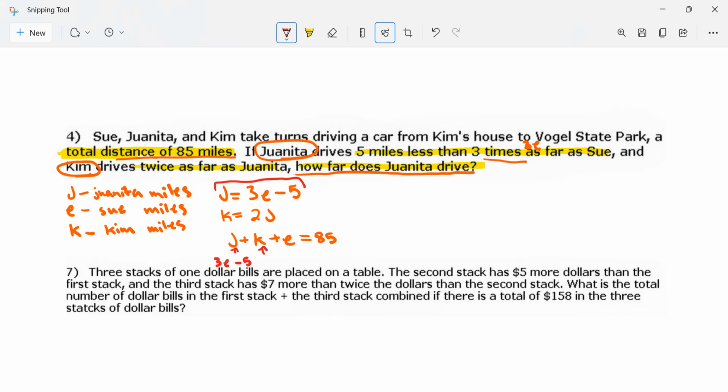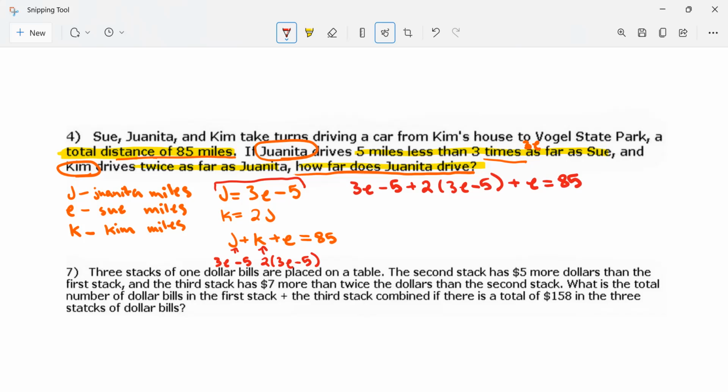And K is going to be 2J, but we substituted J for 3E minus 5. So it's going to be 2 times 3E minus 5. And then we're going to solve that. So 3E minus 5 plus 2 times 3E minus 5 plus E equals 85.